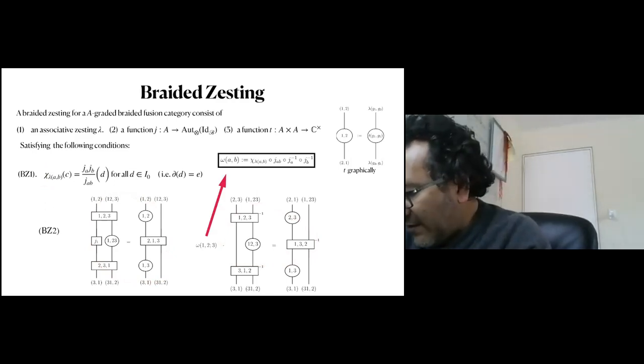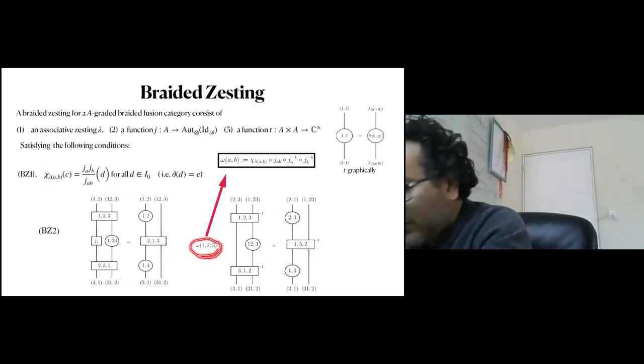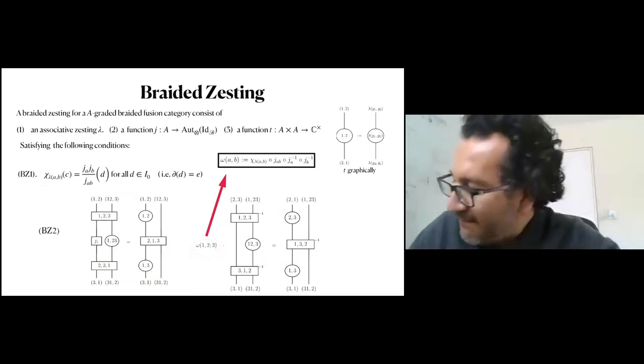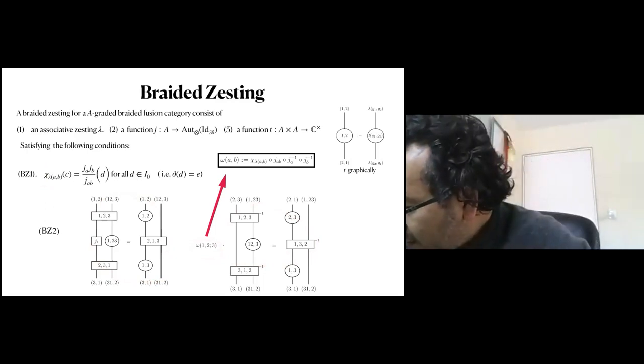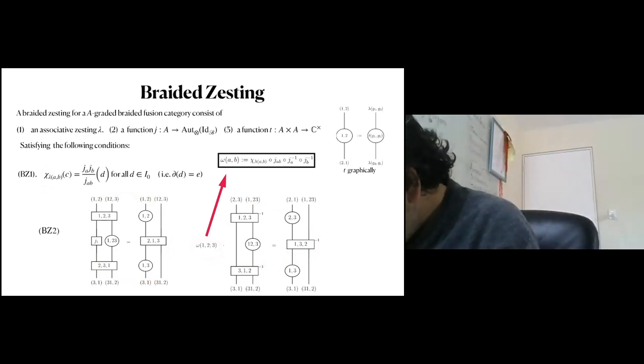Here the weird part is this omega. This omega is an expression. Are C and D somehow related in this equation? Chi lambda AB of C, and on the other side you have D. Oh, here.